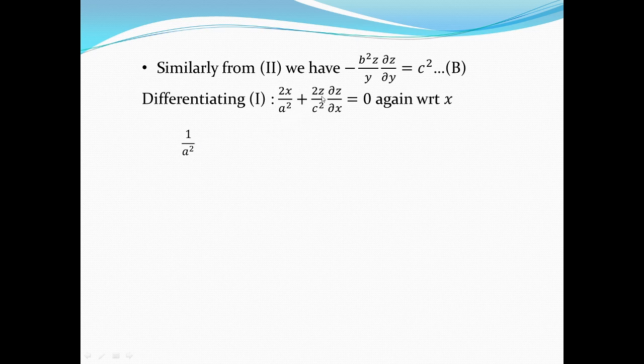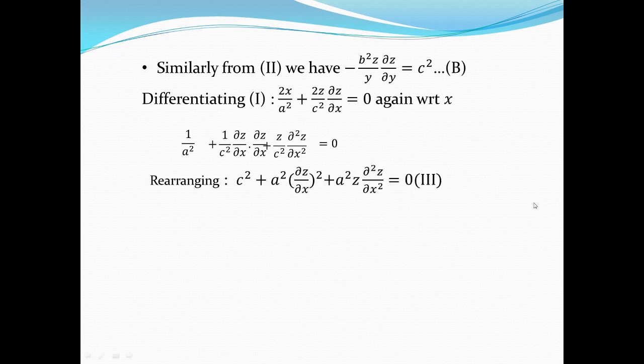Here z involves x. Similarly, dou z by dou x also involves x. So when we partially differentiate the second term with respect to x, we'll have to remember to use the product rule. So the next term will be 1 by c square into dou z by dou x into dou z by dou x plus z by c square into dou square z by dou x square equal to 0.